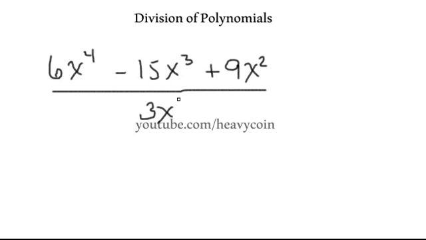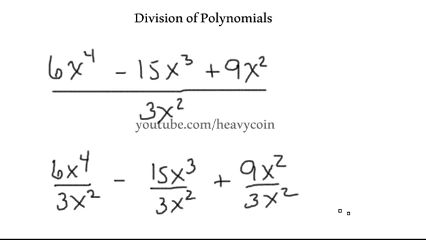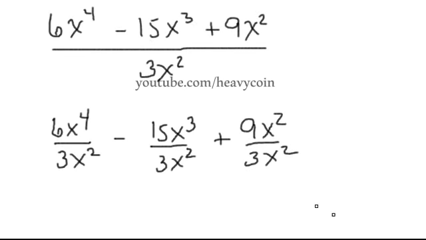Now what I'm going to do on this particular one, I could have done it in the last problem, but I'm going to break this up, just like this: 6x to the 4th over 3x squared minus 15x cubed over 3x squared plus 9x squared over 3x squared. And it makes it nice because 3 goes into each one of these coefficients here.